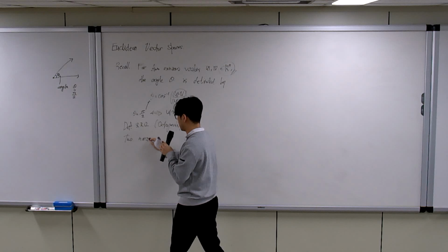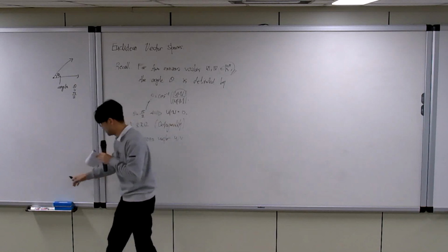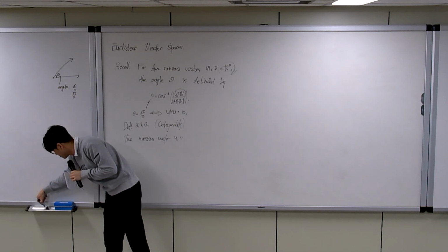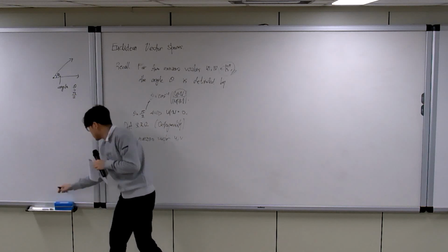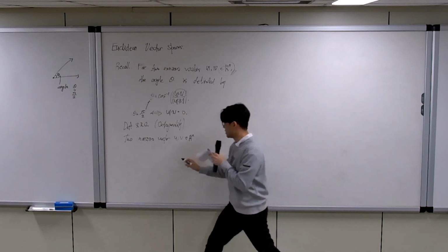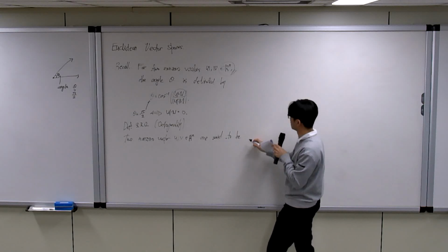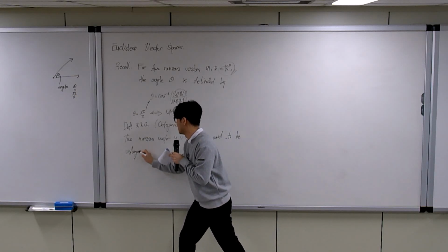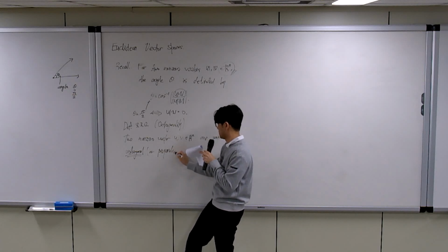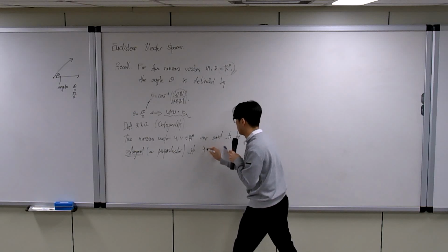For two non-zero vectors u and v, I will use just non-bolded u and v, in R to the n, they are said to be orthogonal, or perpendicular, if they satisfy the equation u dot product v equals 0.